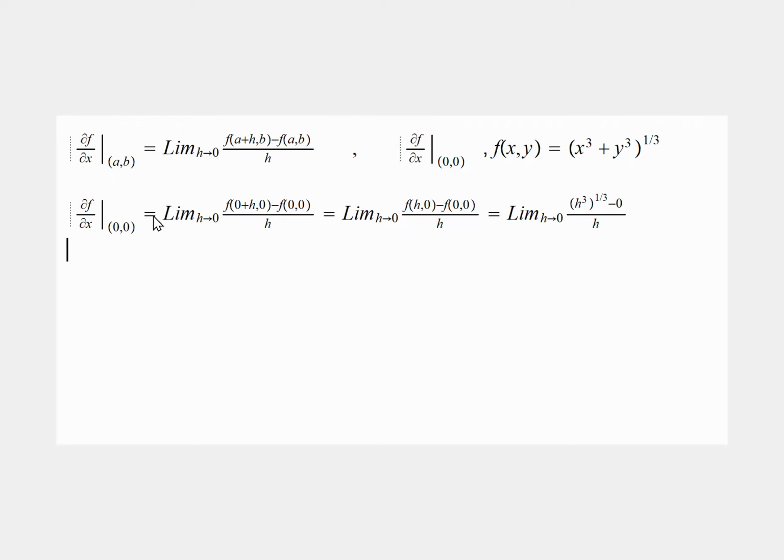We found that this eventually equals h divided by h, since subtracting 0 doesn't make any difference. This is simply 1. So the partial derivative of f with respect to x at 0, 0 is 1.